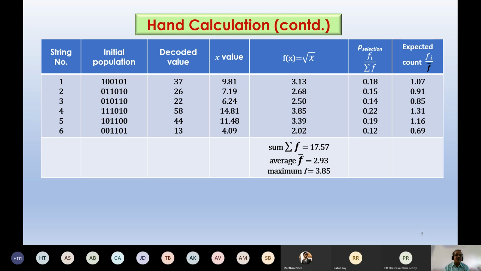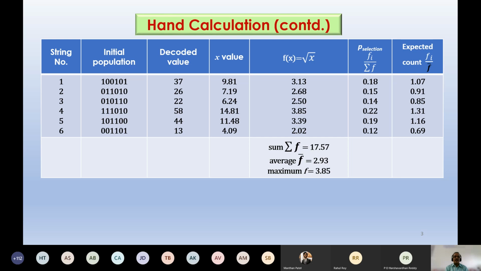And I'm going to use the probability of crossover, PC, equal to 1.0. And for simplicity, I have taken the population size, that is capital N, equal to 6. And I'm using 6 bits to represent each of the variables.